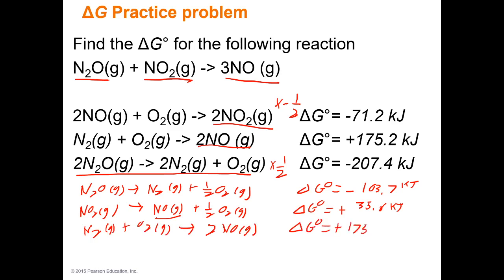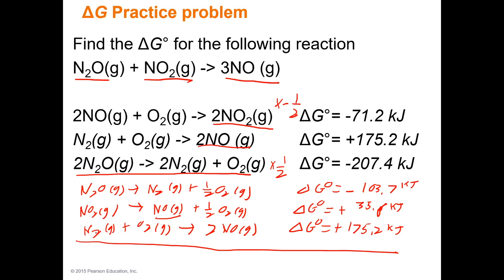So what I have to do now is check when I add these together, do I get the top reaction? If not, I've made an error somewhere and I need to make some additional changes. So first I'm going to do all the reactants first. So we have one N2O written here, none anywhere else, so they don't cancel. We have one NO2 here. It doesn't show up anywhere else, nothing cancels.